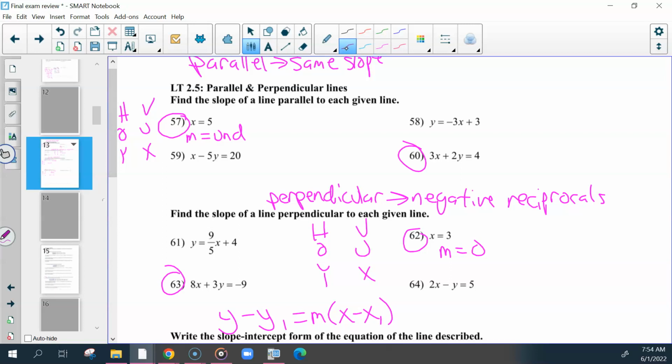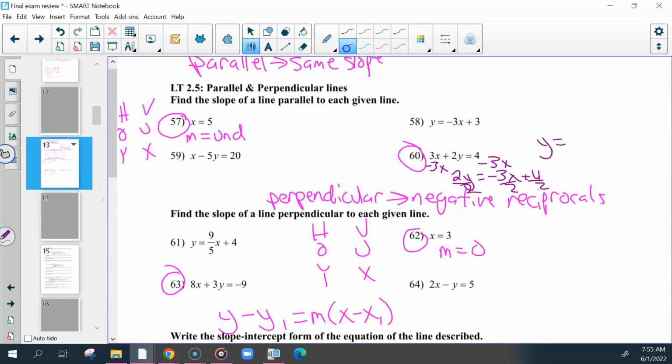For 60, this is not in slope-intercept form, so we have to get that in slope-intercept form first. Subtract 3x on both sides. So 2y equals -3x plus 4. And then divide everything by 2.